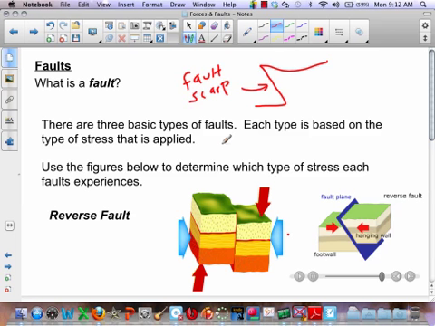Now, all right, take these two blocks of land. What do I have running through the top? A river. Okay. Now, as I compress these two together, this one gets pushed up. What do we call this land right here? No. Fault scarp.